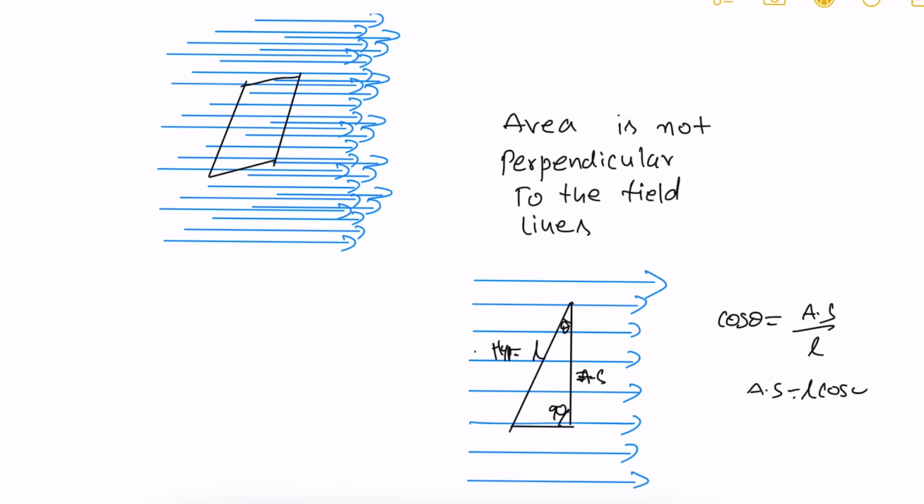That is L cos theta. So the projection of L perpendicular to the field line gives L cos theta. Look here, through L and L cos theta, the same field lines are passed.